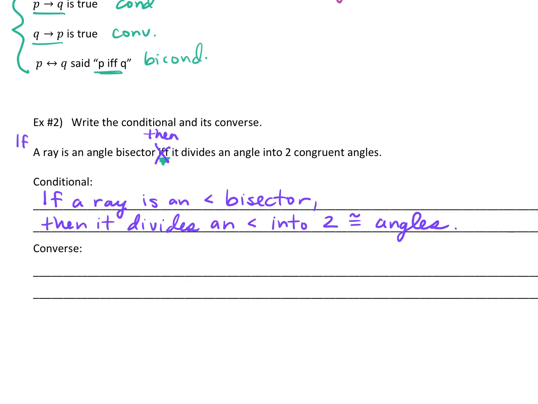All right, so you're going to take out the IFF and put in the if-then. So really you're just doing the opposite in these two types of problems. Either you're putting in an if-then or you're putting in an IFF in place of the if-then. Okay?